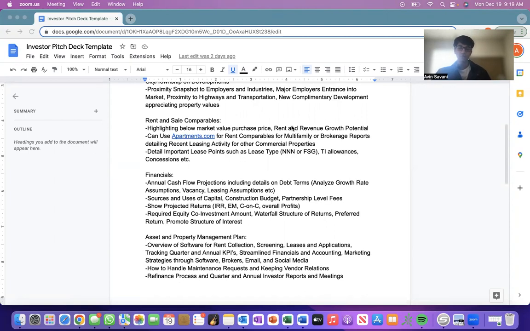The rent and revenue growth potential. So basically, within any type of underwriting model, you'll have a lot of assumptions. So this is the rent assumptions, the post-renovation rent assumptions, the operating expense assumptions, the tax growth rate assumptions, the capex growth rate assumptions, right?